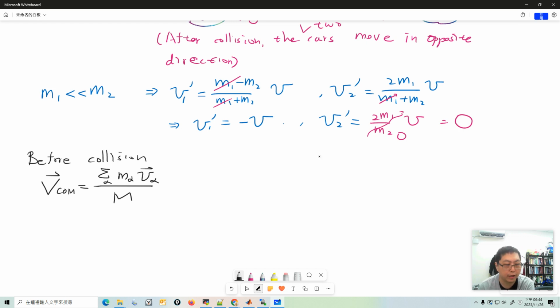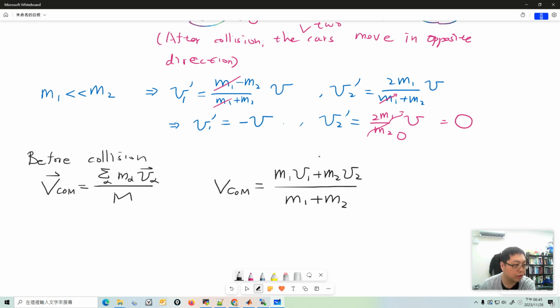Right now our center of mass before the collision, with two objects m1 and m2, so the total mass is m1 plus m2. And in the numerator, the mass of each particle times its own velocity, all together. So it's m1 v1 plus m2 v2. That's the velocity of center of mass before the collision.